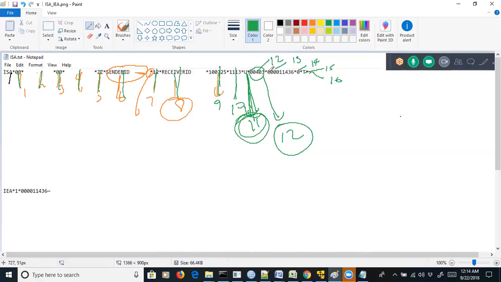This EDI standard gets updated and revised with time. When this 850 was developed, suppose the version was 1, 2, 3, 4, and then they updated that specification. Obviously when they update the specification, they will create a new version of it, say 1.1, and then .2, and then .3, something like that, right?